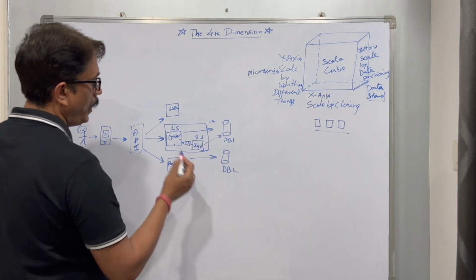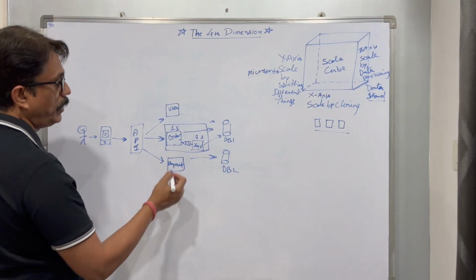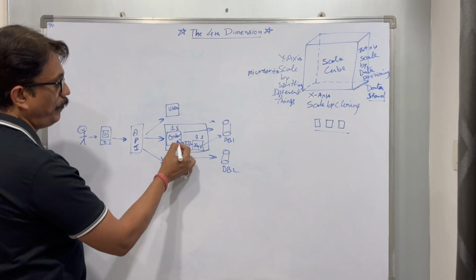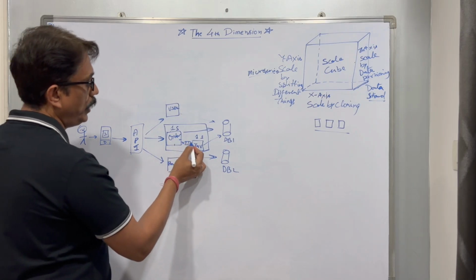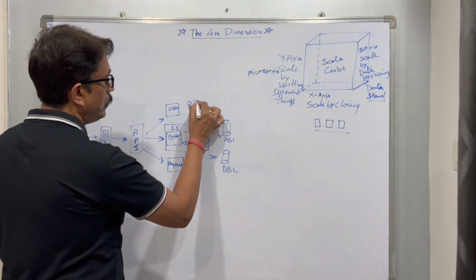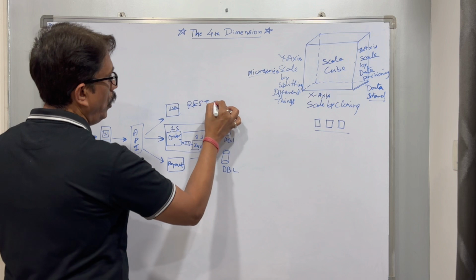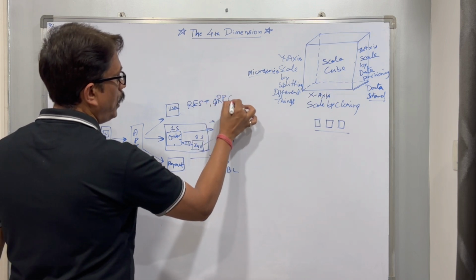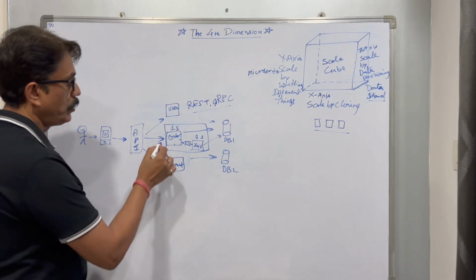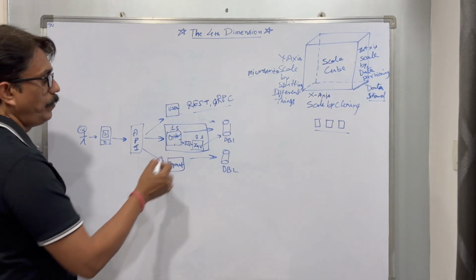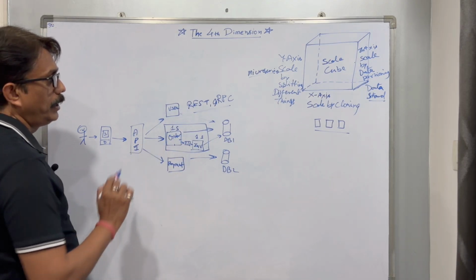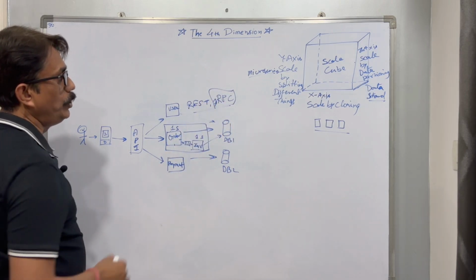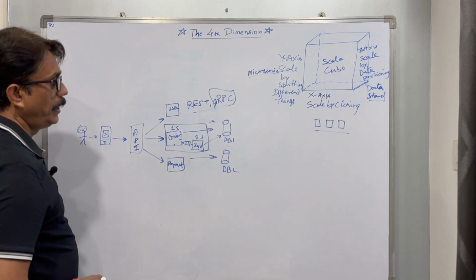And for service to service communication, whether we are using REST or gRPC, based on that, the scalability will be impacted. So we have better scalability if we use gRPC.